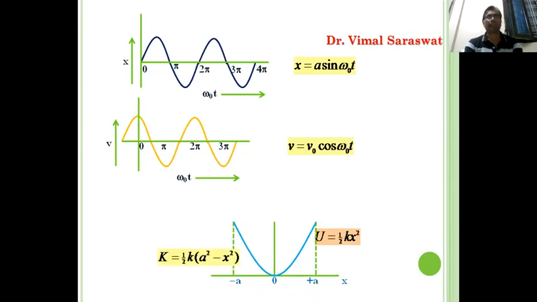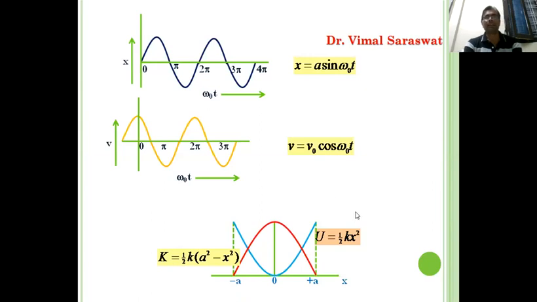Now the value of kinetic energy is half k into a square minus x square. When x is equal to 0, then kinetic energy will be maximum, and when x is equal to plus minus a, then kinetic energy will be minimum, that is 0. So the graph between kinetic energy and position will be this curve.